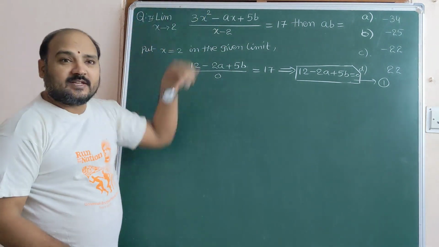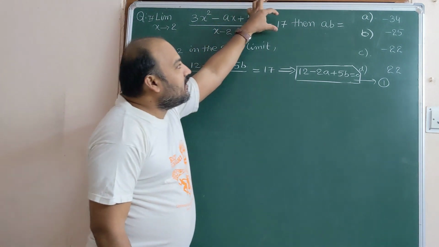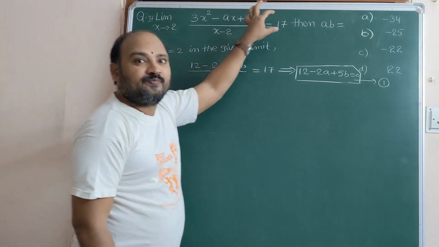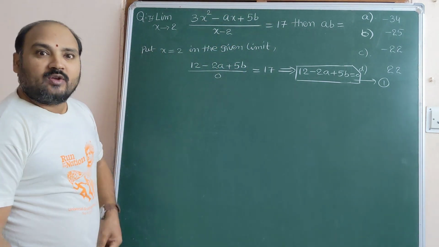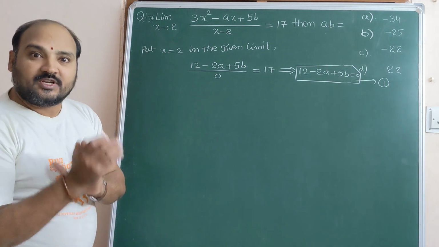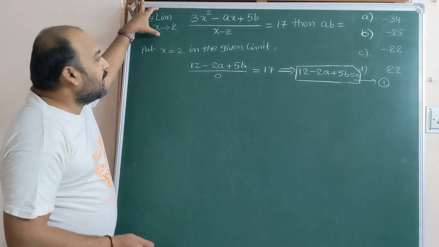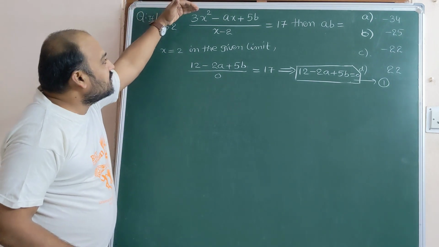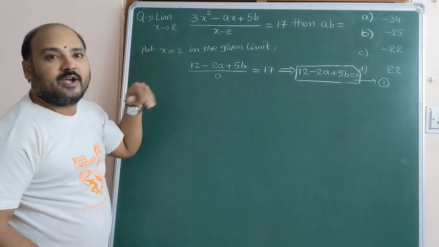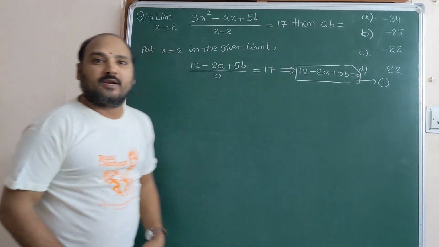After substituting this step, whenever it is a finite value, you remember that we need to apply L'Hospital rule. L'Hospital rule means limit x tends to 2, differentiate numerator, differentiate denominator and then equal to 17.